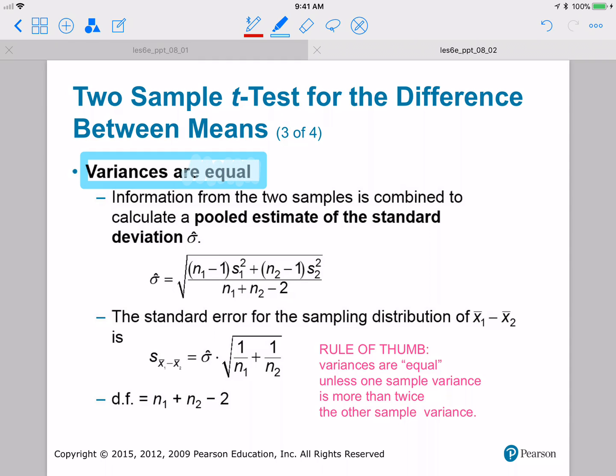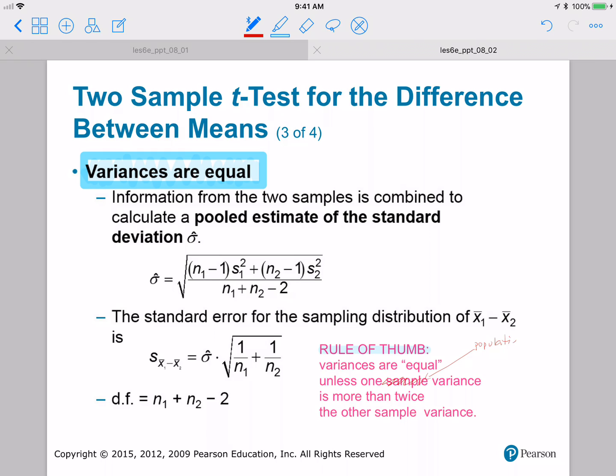For some, there is the following rule of thumb: regard variances as equal unless one of them is more than twice the other. So variances are equal unless one population variance is more than twice the other. Actually, I had a typo here, it should be population variance, not sample.